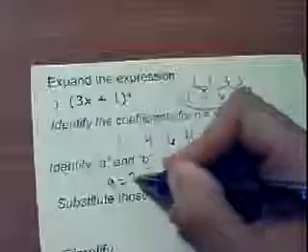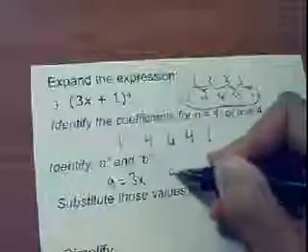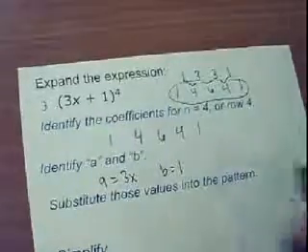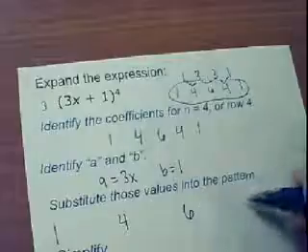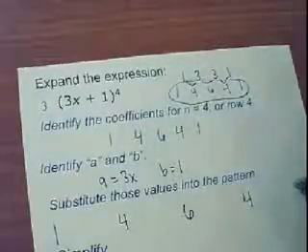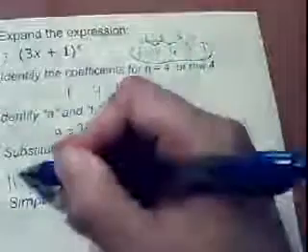We want to figure out what the values of a and b are. A is 3x. B is 1, and we're going to substitute these into the pattern. So we've got 1, 4, 6, 4, 1. This would be 3x. Now it's got to be to the fourth power because that's what the expansion is.